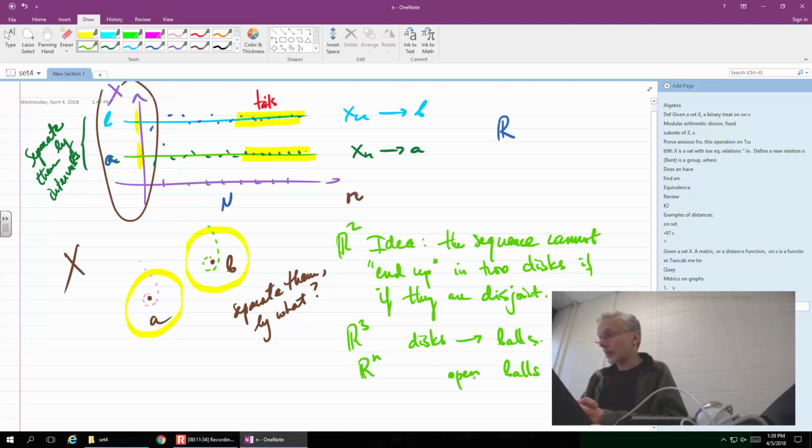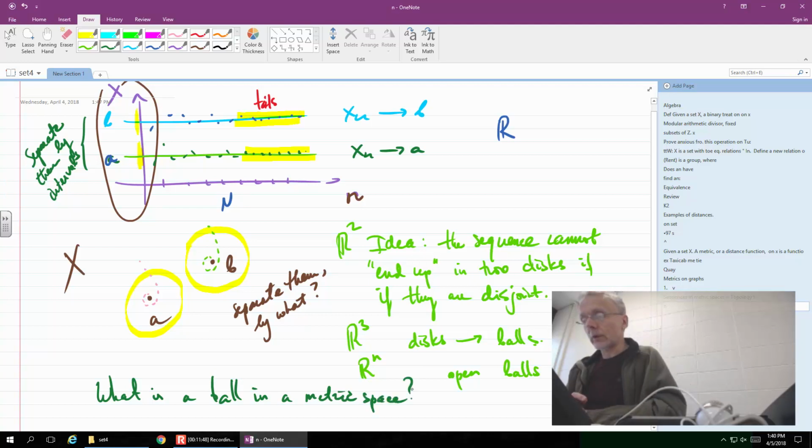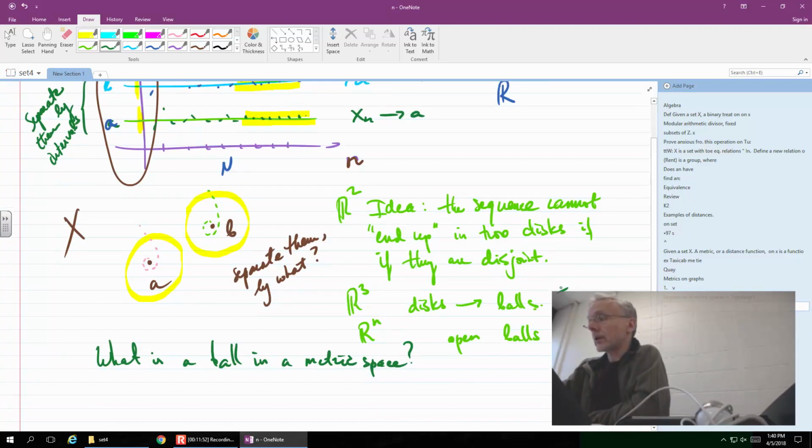For example, to begin with, a good question would be: what is a ball in the first place in a metric space? All you have to do is go back to the definition and find out what it means. As you can see, in R1, it was actually an interval.